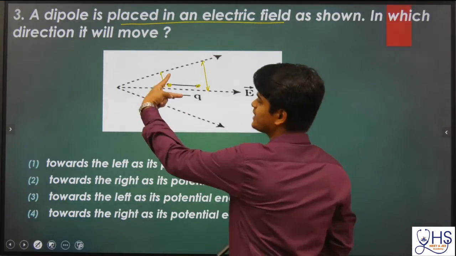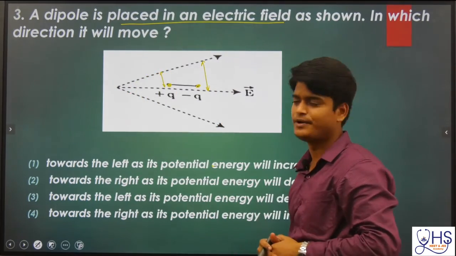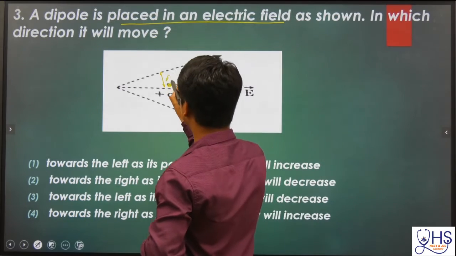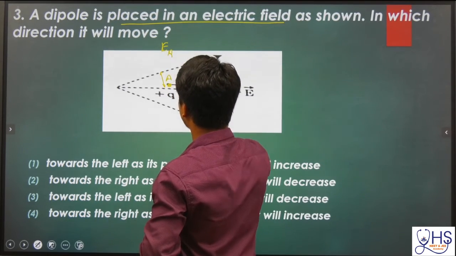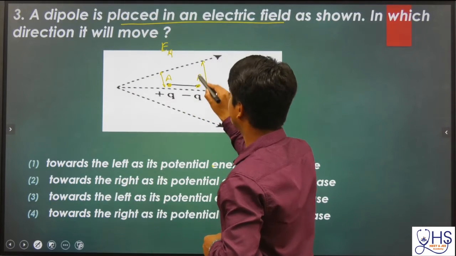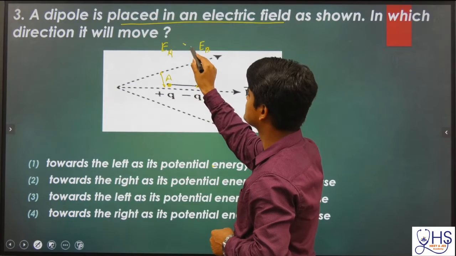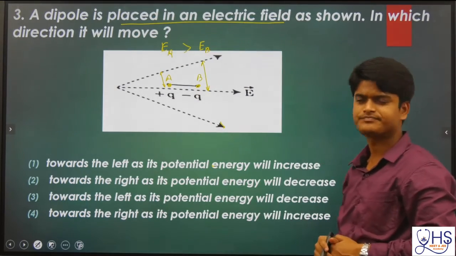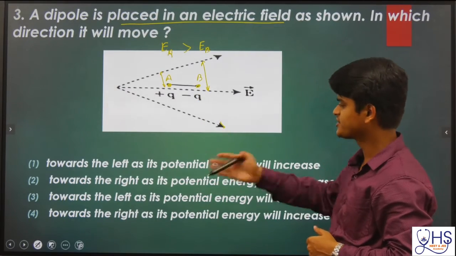If two electric field lines are very close to each other, then the electric field strength will be more. So I can mark this point as A, and the electric field strength is more at A compared to this point B. So I will write that the electric field at B is less compared to the electric field at A. Now they are asking in which direction it will move, and some options are given here.